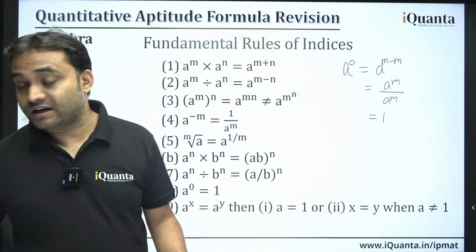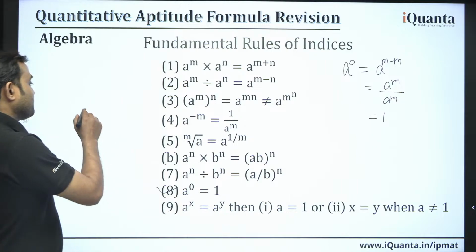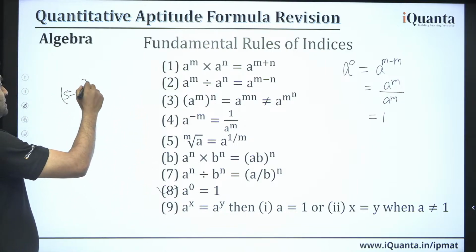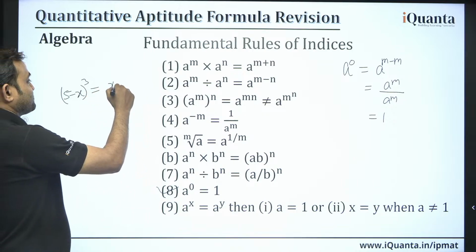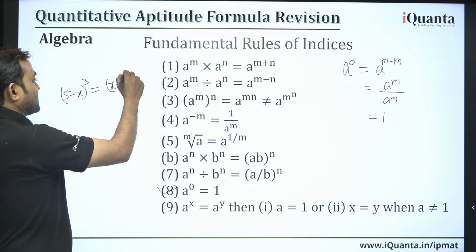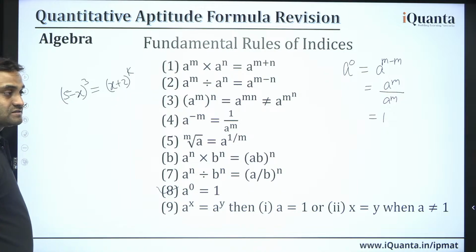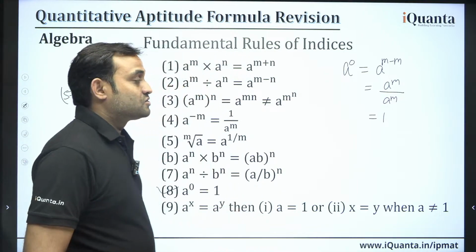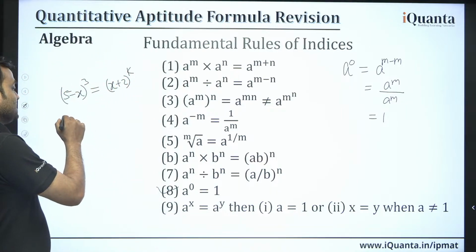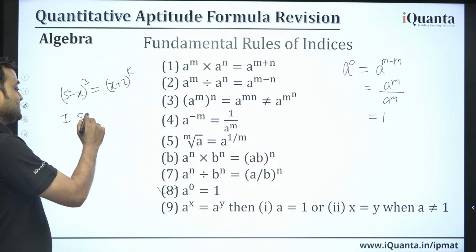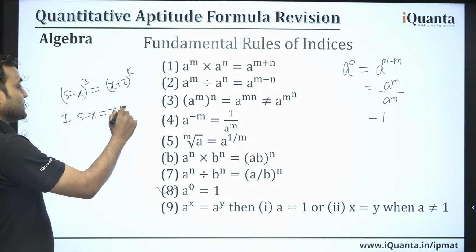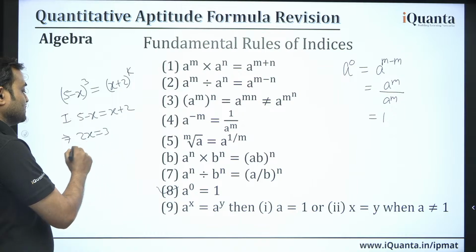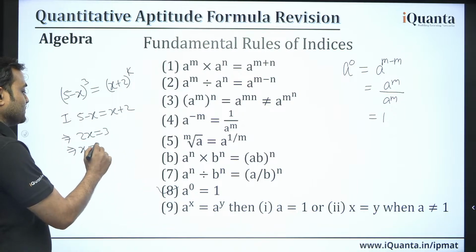Like let's say 5 minus x to the power 3 is equal to x plus 2 to the power k. Then what are the possibilities? What could be the values of x or the value of k? There will be two different possibilities. First case, 5 minus x will be equal to x plus 2, or 2x is equal to 3, or x is equal to 3 by 2.